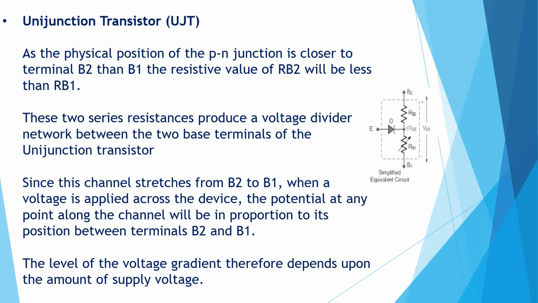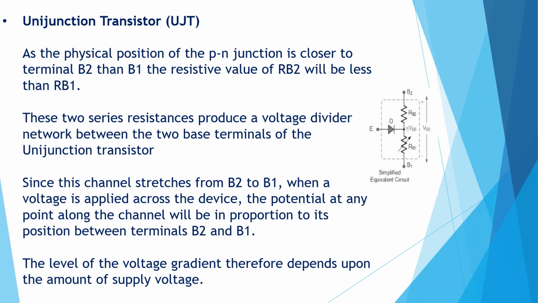your semiconductor device. When a voltage is applied across the device, what is the voltage which we are going to apply? VBB between base 1 and base 2. The potential at any point along the channel will be proportional to its position between terminal B1 and B2. Of course, when the potential is applied between B1 and B2, some voltage will be dropped across this resistance and some voltage will be dropped across this resistance, and the voltage drop will depend upon how the PN junction is formed, nearer to B2 or nearer to B1.